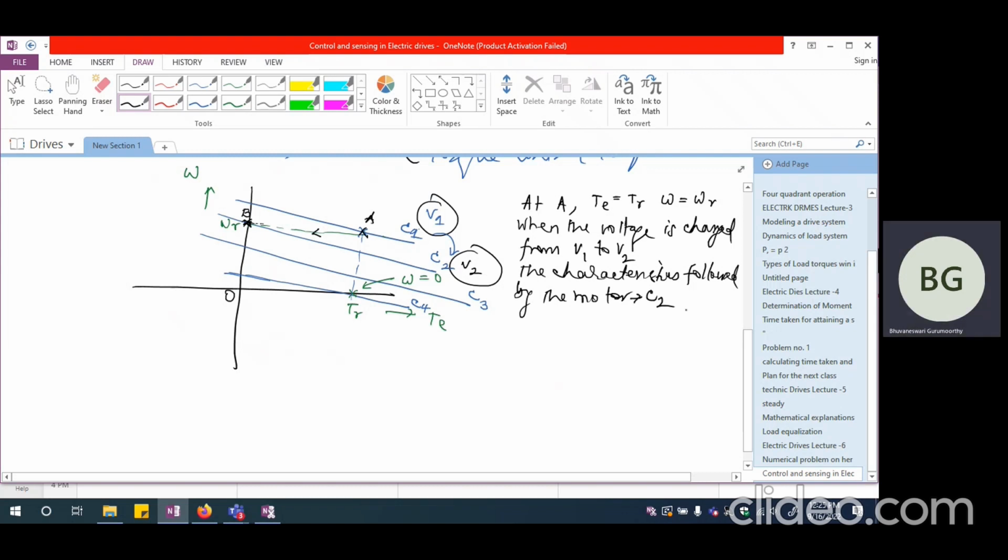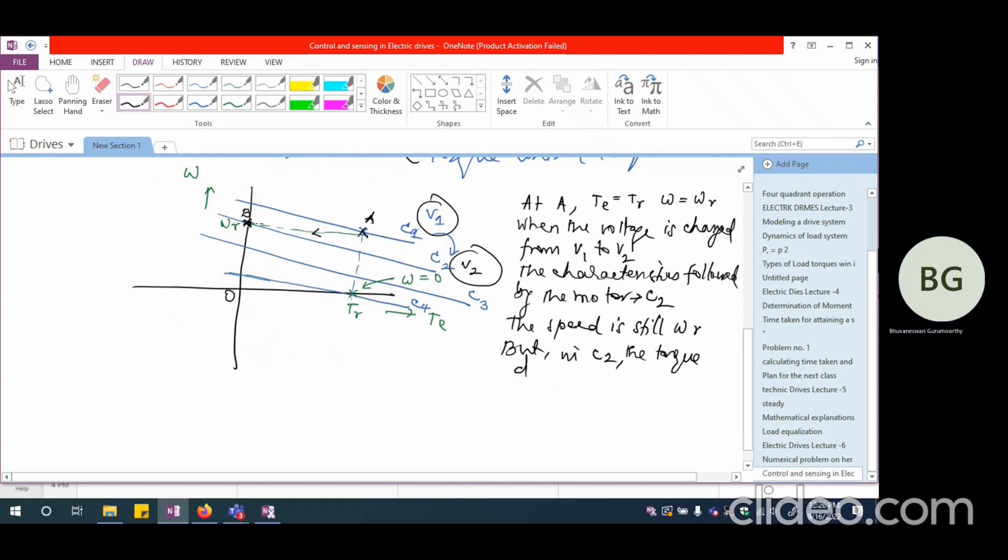So now because it is C2, the speed is still omega R. But in C2, the torque developed is equal to 0 because omega R corresponds to zero torque developed by the motor. So this is operating point B.